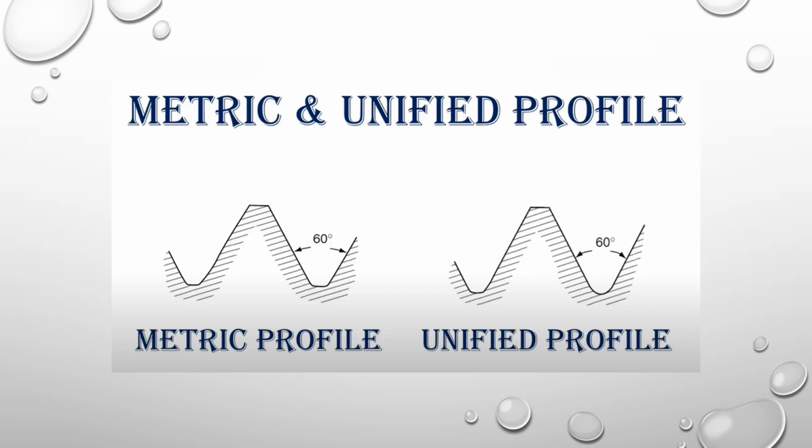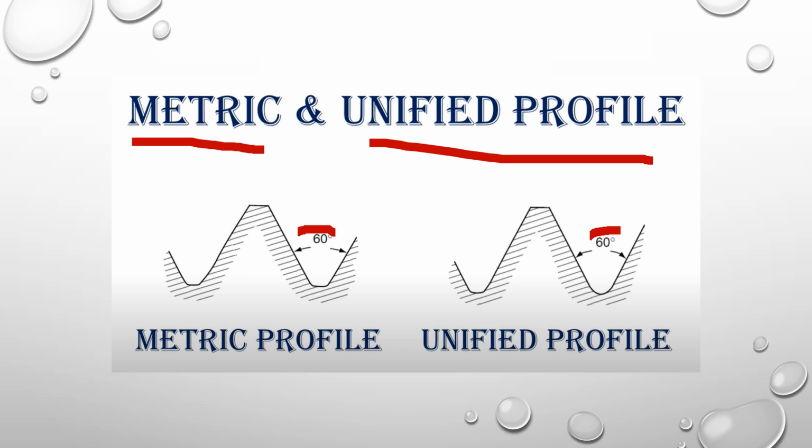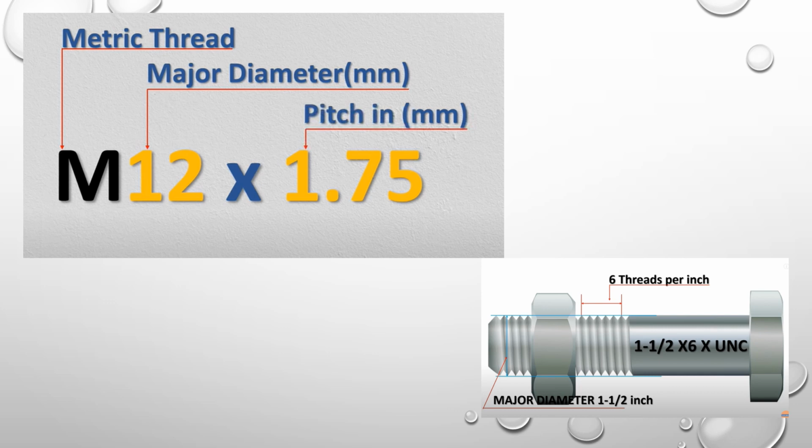So metric and unified profile, what is the difference? Metric is in millimeters, and unified is in inches. The radius and the angle are the same, 60 and 60, but the only difference is inch and mm. So here it will come as M12 multiply 1.75. What does it mean?